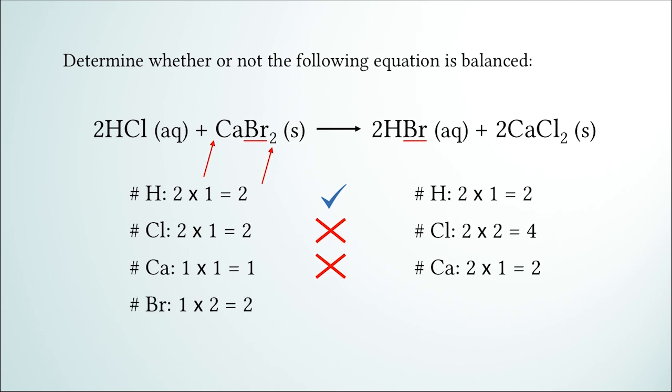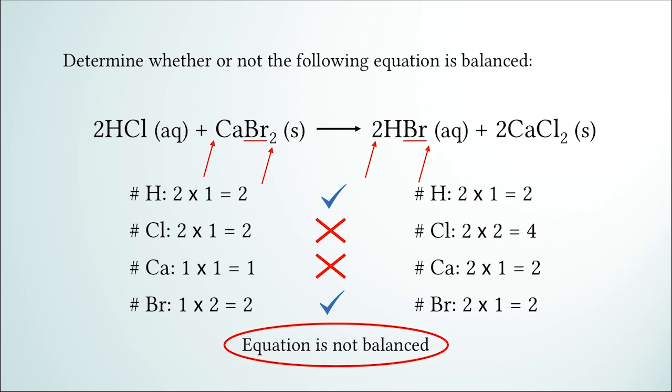There is 1 molecule of CaBr2 times 2 bromine atoms in each molecule for a total of 2 bromine atoms on the reactant side. There are 2 HBr molecules times 1 bromine atom in each molecule for a total of 2 bromines on the product side. The equation is balanced with respect to bromine, but because at least one type of atom is not balanced, we have to say that the entire chemical equation is not balanced. Okay, one more.